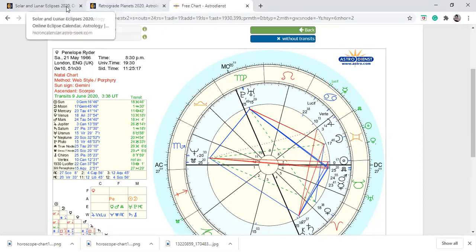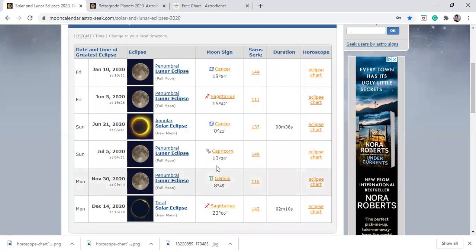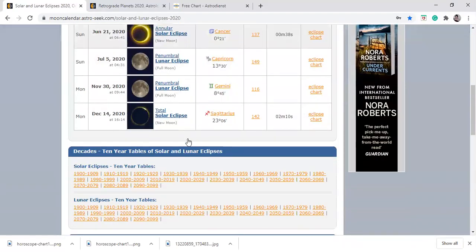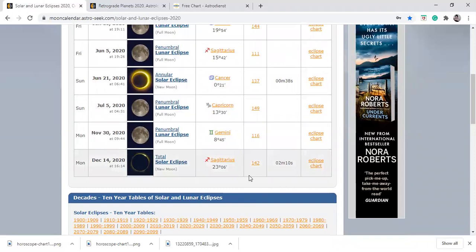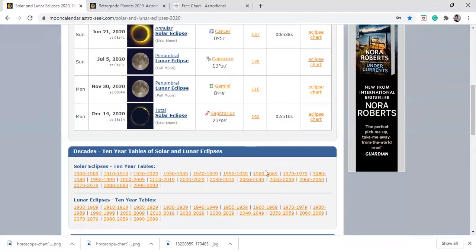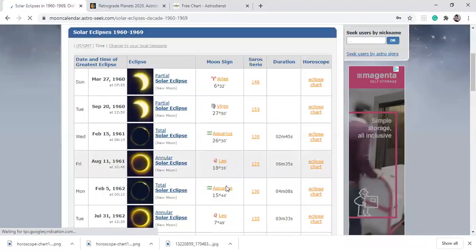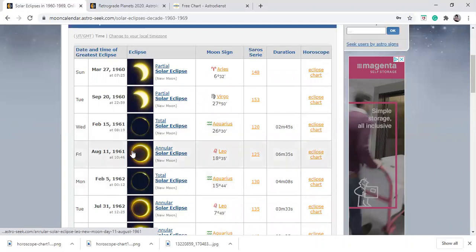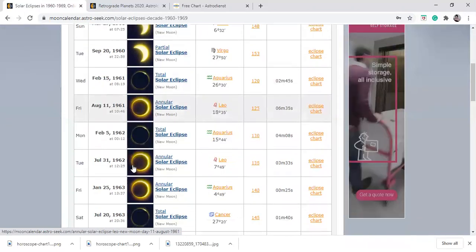So if we go back to the eclipse chart here, what we can do is find out our prenatal solar and lunar eclipses. If I go to the year I was born, you can see here solar eclipses we're going to look at first, and I click on this period of time here, which is 1960 to 1969. What I'm looking for is the solar eclipse before my birthday of 21st of May 1966, when I was born.